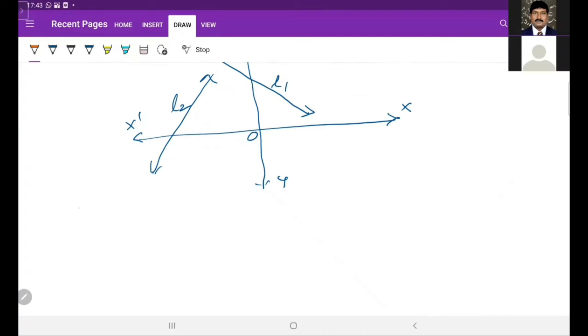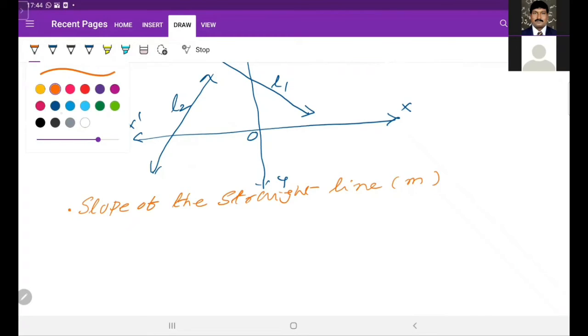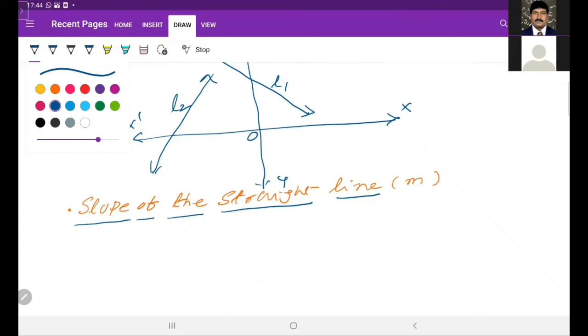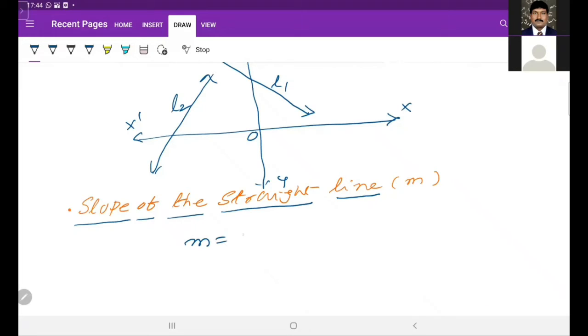Right. The next concept is the slope of a straight line. It is denoted by the letter M. Underline it. What is the slope of the line? Simply, M is equal to tan theta.